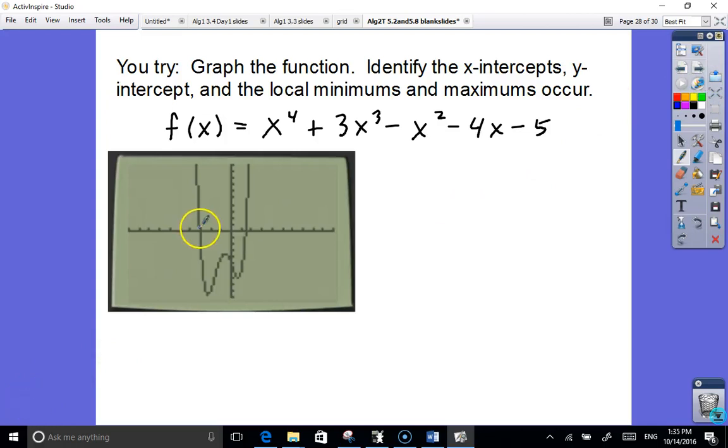So what did you estimate to be the x-intercepts? -3, 1.5. Okay, what did you estimate to be the turning points? Oh, what is the y-intercept? Right, that's y-int. Okay, and what are the turning points? This one is -3.